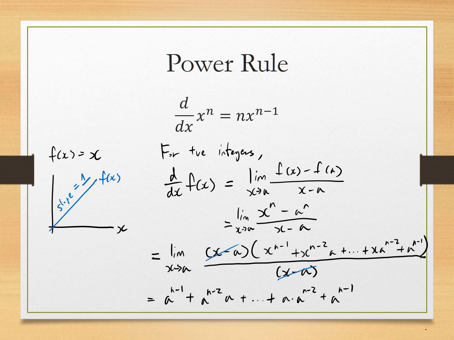Second term, a^(n-2) times a, that becomes a^(n-1). Third term, a^(n-3) times a squared, is also a^(n-1). What you have here is, if you count the number of terms, you have a^(n-1) here. So you group them together.